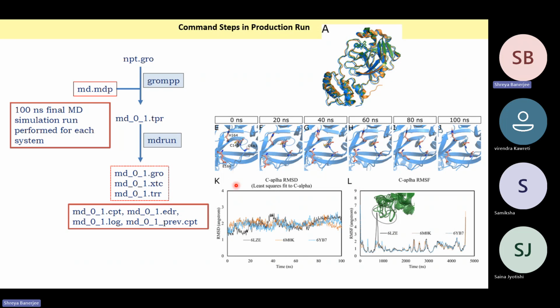If you want amide nitrogen, it will calculate for the amide nitrogen of all the amino acids. So do we have to give some commands related to this? These commands are common, but for which atom you want the RMSD, there are different keywords. They are not mentioned here. That will be different for different atoms.